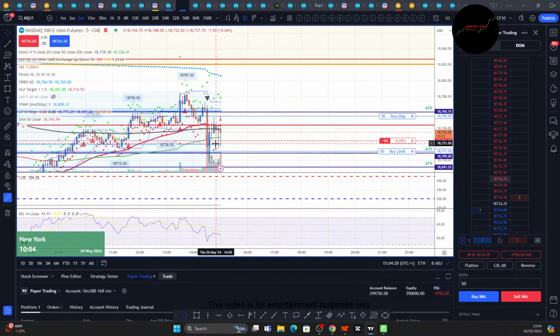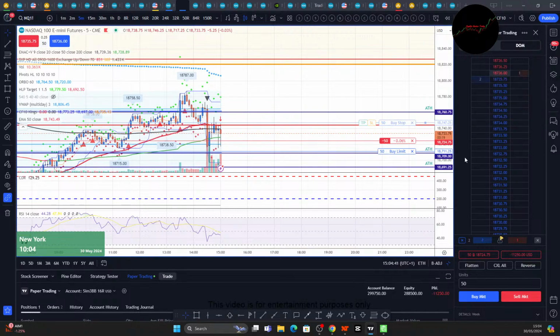What is this level? Oh, that's a 60-minute range from overnight. You know what? Let's just drag our stop down. If we go back positive, it's not the sort of momentum we want to see. No. It's far too much buying.